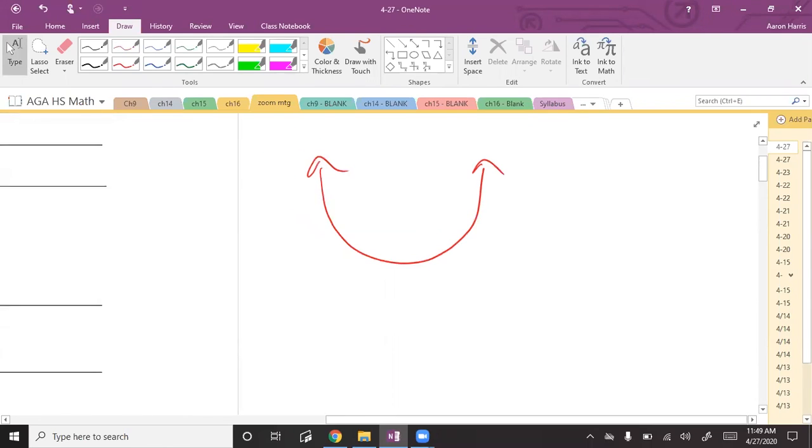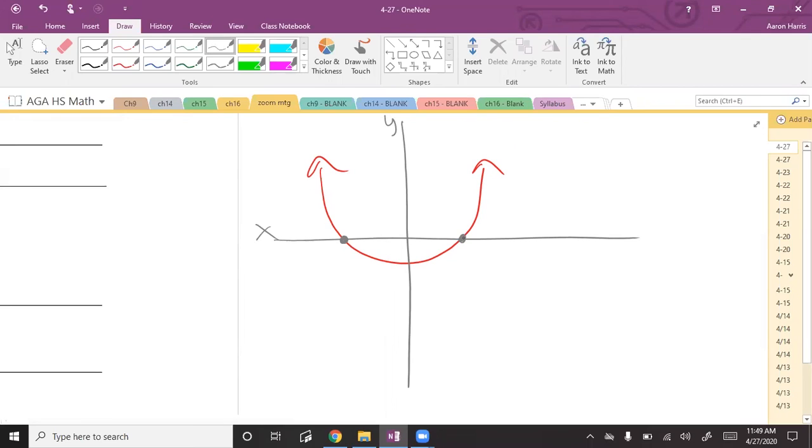If we were on a graph, we would have a y-axis and an x-axis. It crosses the x-axis 2 times there. So this is what on the y-axis? 0. So therefore, we call these points the zeros.